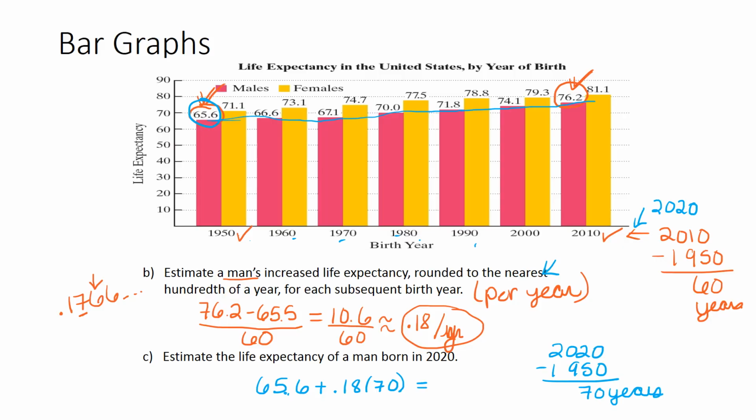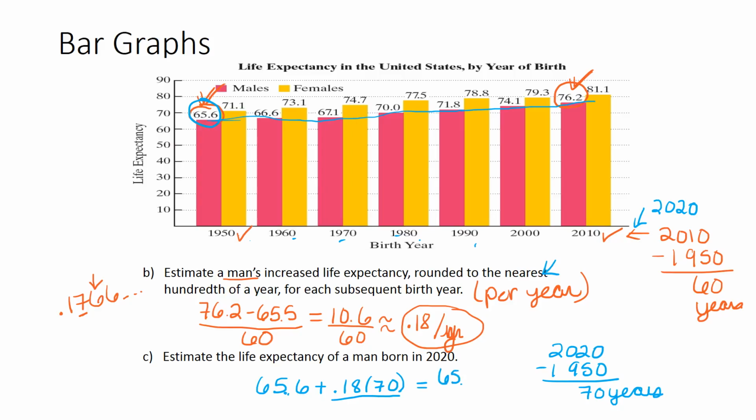We want to add 70 of the 0.17s because that's how much it increases per year, to the original amount. Make sure you do the multiplication before the addition. So 0.17 times 70 is 11.9.